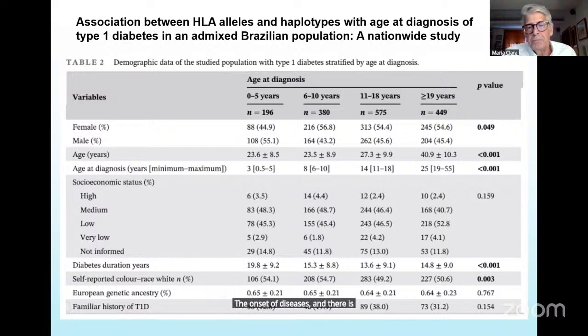There is no big difference in socioeconomic status, but not everyone answered this question. And of course, there is also a self-reported color or race that is very different in this group. It's no different in genetic background.